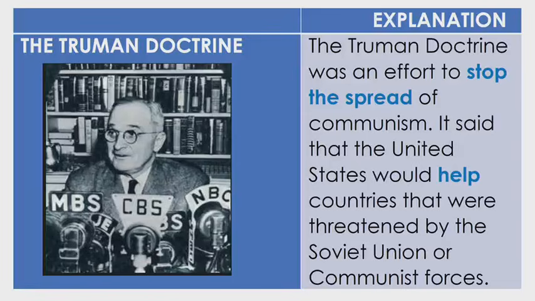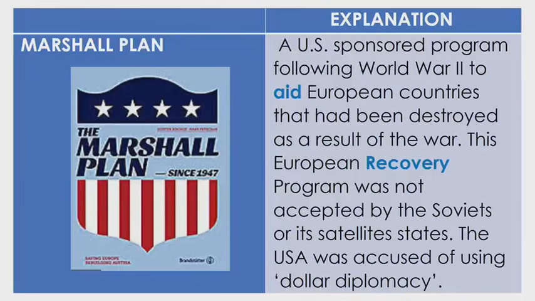It said that the United States would help countries that were threatened by the Soviet Union or communist forces. When we speak about the help that's being offered, it was essentially economic and military help that was offered to governments that wanted to ensure that they would block communist forces and ensure that communist rebels could not take over their governments as such.